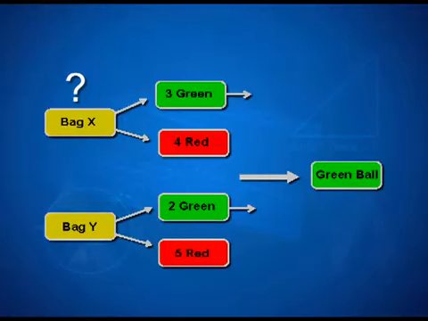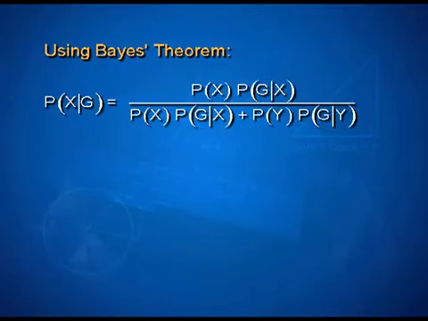We want to know the probability that the ball has come from bag X. So, using Bayes theorem, we know that the probability of X given that a green ball was drawn is the same as probability of bag X into probability of a green ball given that bag X was selected, divided by probability of X bag into probability of green given that bag X was selected, plus probability of Y into probability of green given that Y was selected.